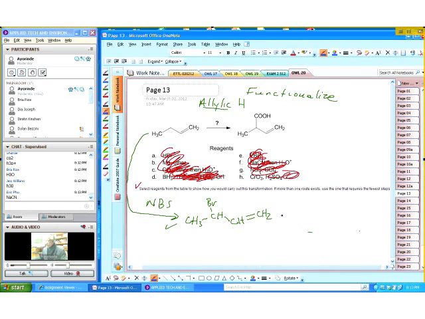So if we take sodium cyanide, and we do an SN2 reaction on this secondary allylic bromide, that will give you this here.